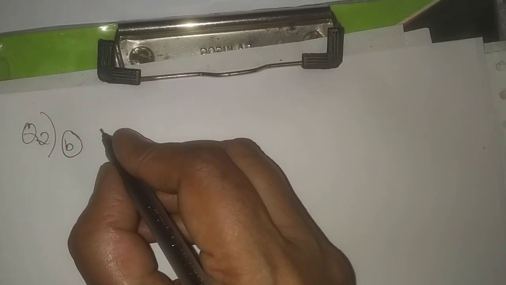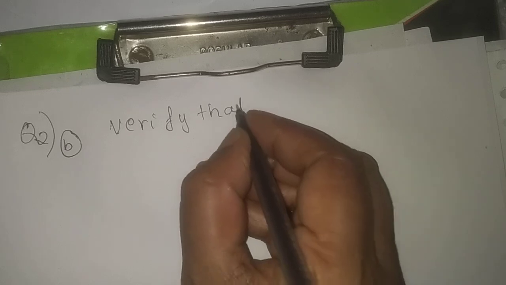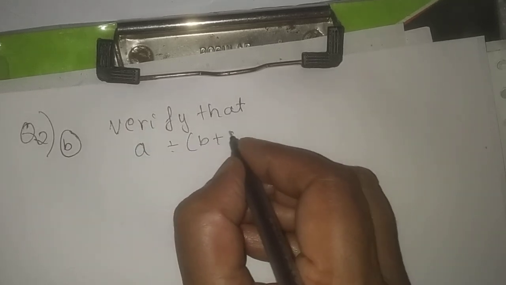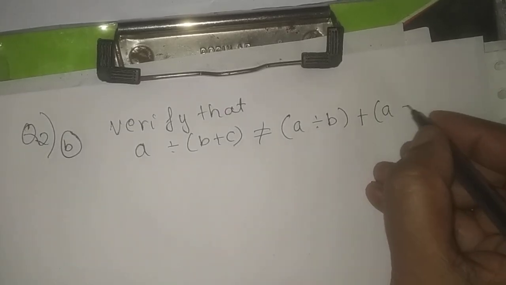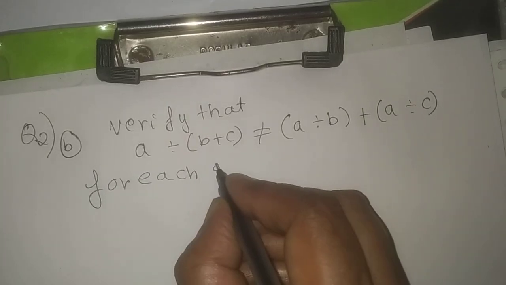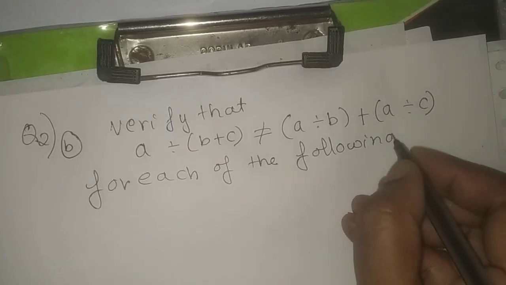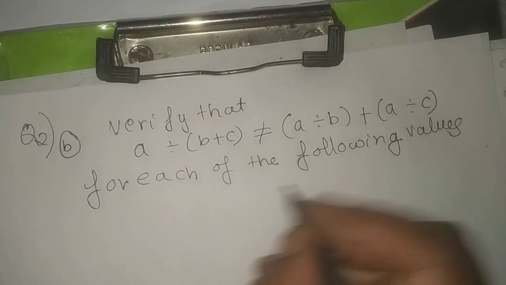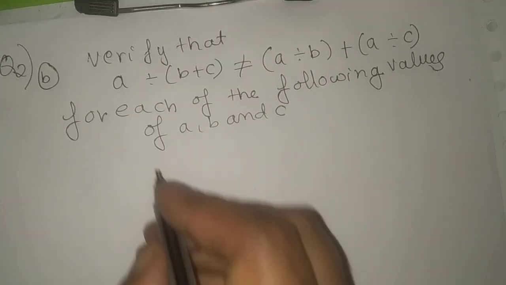That is question 2B. They are given the same thing: verify that A divided by (B plus C) is not equal to A divided by B plus A divided by C for each of the following values of A, B and C. They are given different values.